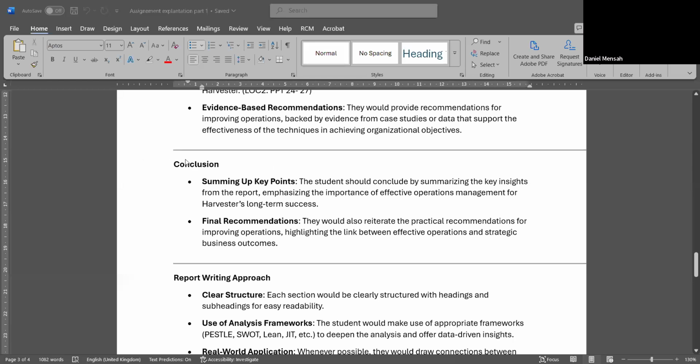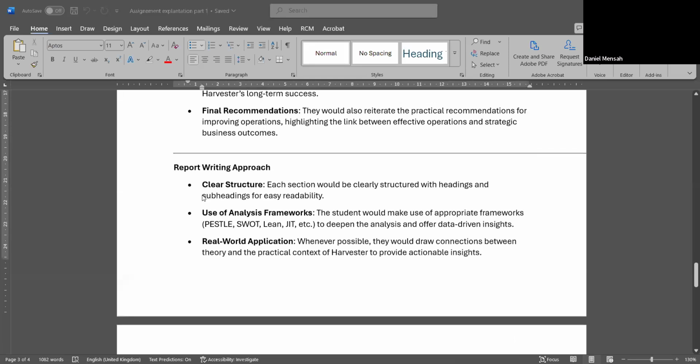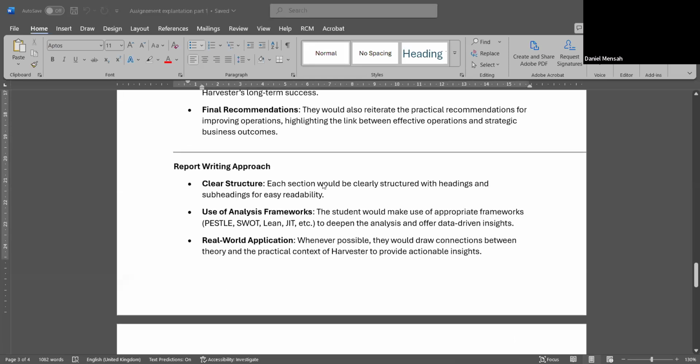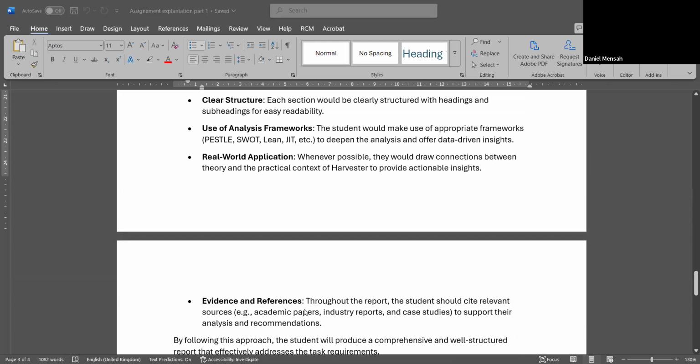I will share this document also, where you can read how you are going to summarize these and the report writing approach. I wrote this for the students: the structure should be clear, and you are going to apply real-world application, use of analysis frameworks, and evidence and references.